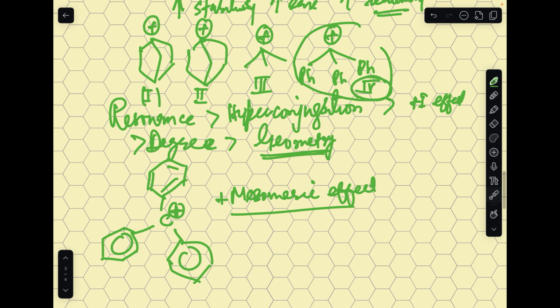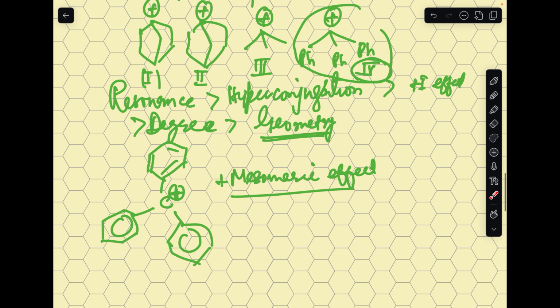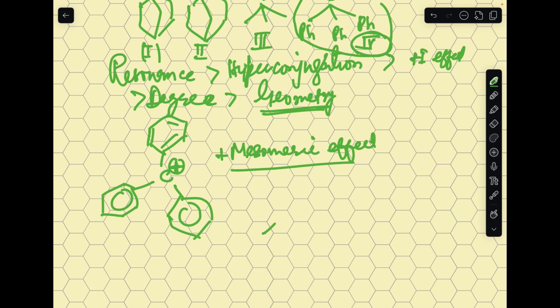If you see here, the third one is the tertiary butyl carbocation, and yes, tertiary butyl carbocation is the second most stabilized one. Why so? It is because it is stabilized by hyperconjugation. You already know that tertiary butyl carbocation contains 9 alpha hydrogens, and hence it is maximally stabilized by hyperconjugation. So what is hyperconjugation?